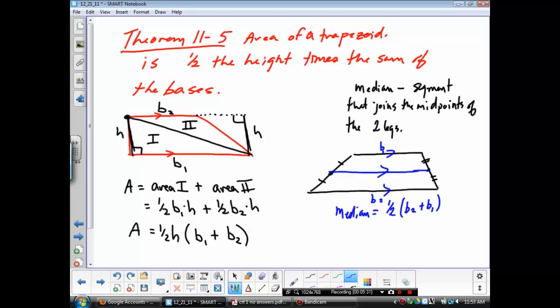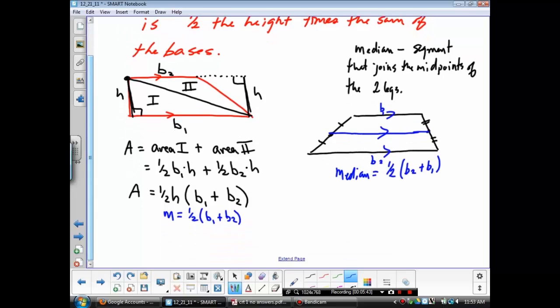Since the median is 1/2 the sum of the bases, the area can be written as the median times the height, because you're taking the 1/2 and the sum of the bases. So if you find the length of the median times the height, you can find the area of the trapezoid.